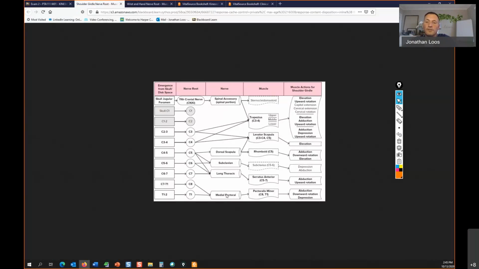The question might be as simple as what nerve innervates the pectoralis minor or the serratus anterior. But I think they'll be more clinically oriented, where a patient presents with weakness in lifting the arm up over the side, which nerve is most likely impaired? So I have this for all the body parts.